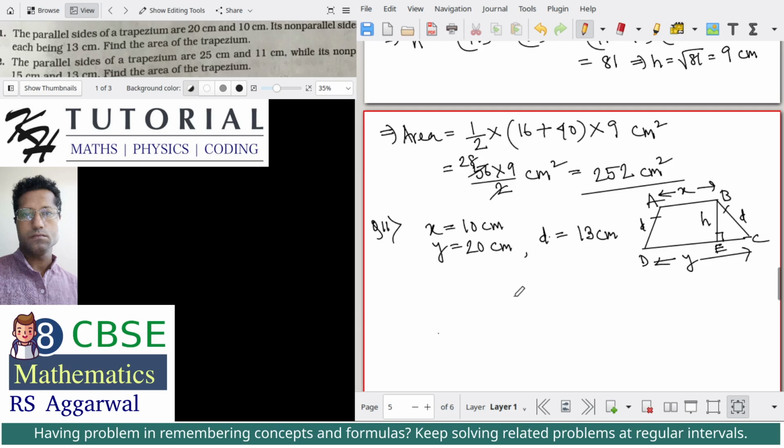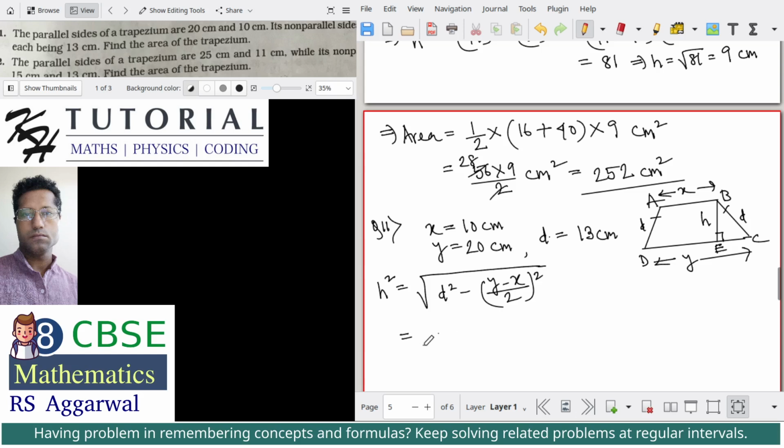We have a formula for H. In an isosceles trapezium, if H is the height and X and Y are the length of the parallel sides and D is the length of the equal non-parallel sides, we have H square is equal to D square minus (Y minus X by 2) whole square. You can watch my video on how to find the area of an isosceles trapezium, where I have discussed this formula.